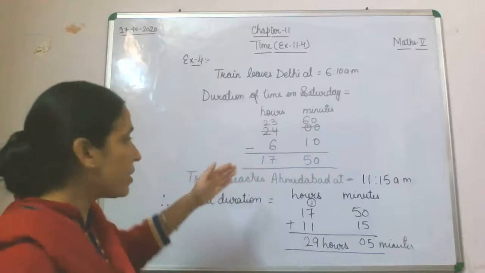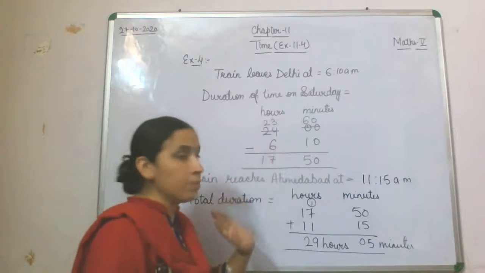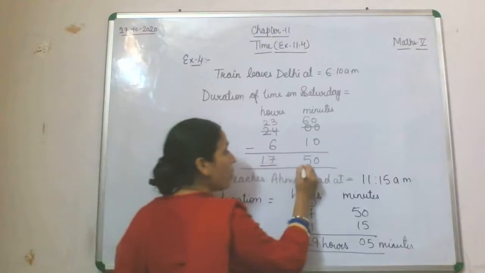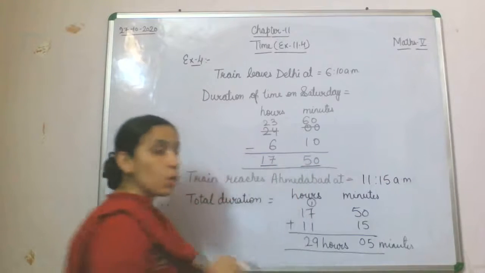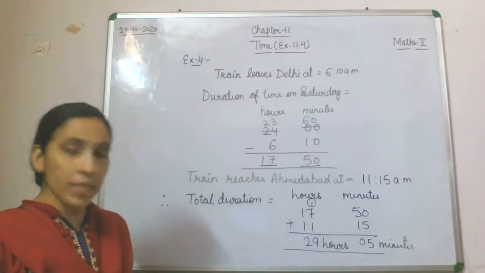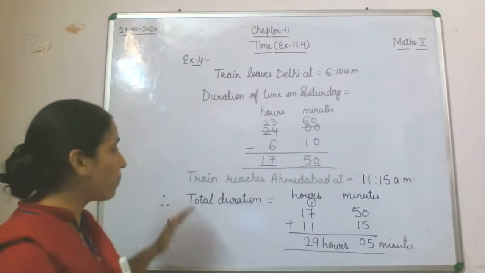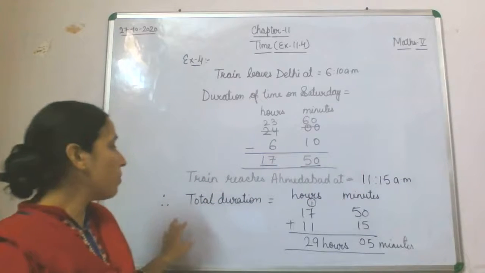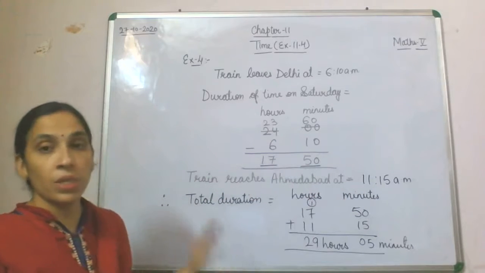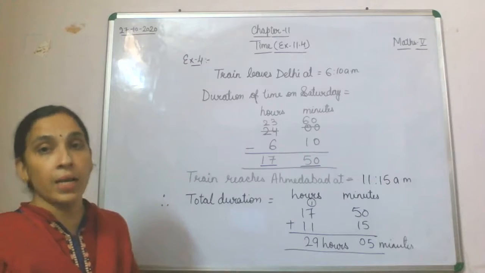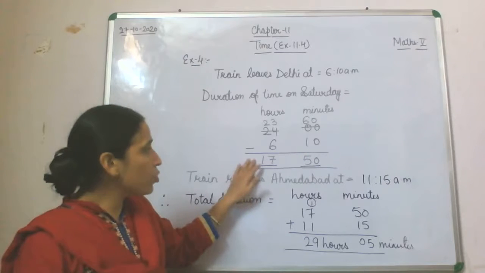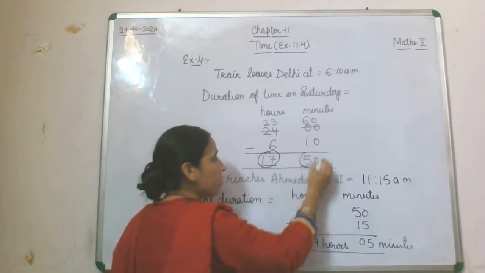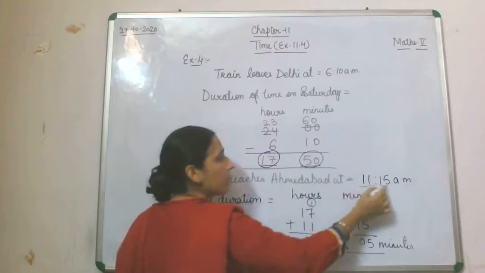We'll do the subtraction, we'll be getting this 17 hours 50 minutes. Now this is the duration of Saturday. But on the next day, means on Sunday, the train reaches Ahmedabad at 11:15 a.m. Therefore, the total journey time will be the sum of these two, 17 hours 50 minutes plus this 11 hours 15 minutes.